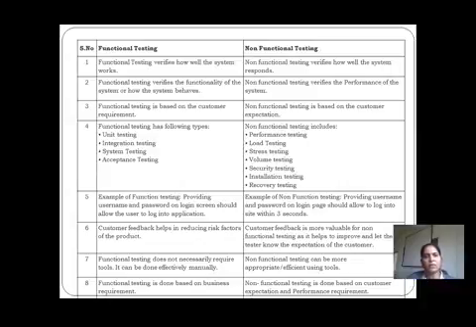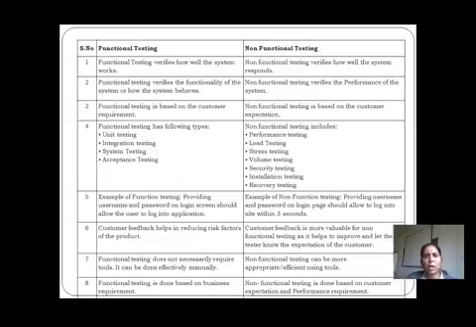Now the last difference between functional and non-functional testing is that functional testing is done based on the business requirement. But vice versa, non-functional testing is done based on the customer's expectations and the performance requirement. Why?